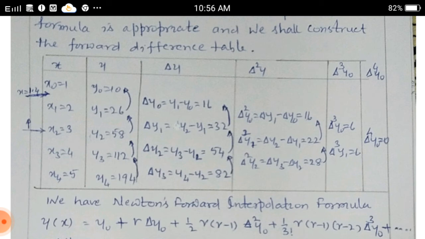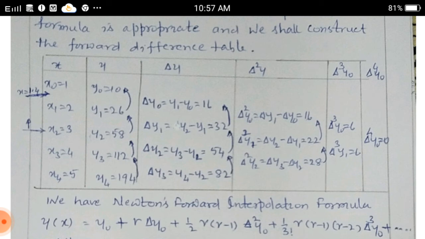Next, delta y1 is y2 minus y1, 58 minus 26 is equal to 32, just as I showed by arrow mark. Delta y2 is y3 minus y2, 112 minus 58 is equal to 54, and delta y3 is equal to y4 minus y3 is equal to 194 minus 112 is equal to 82.